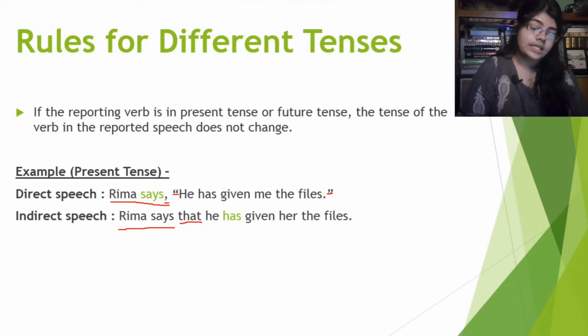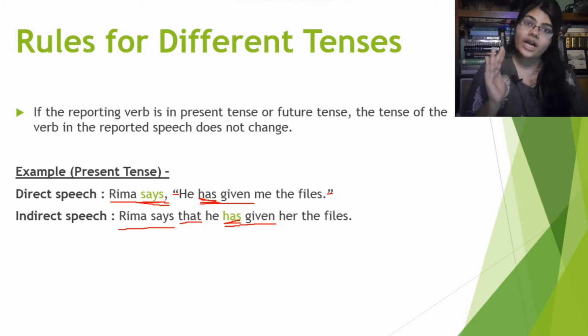We can see that because the reporting verb is in present tense, the verb in the reported speech, which is has given, is exactly how it is in the direct speech. Has given. This did not change its tense.